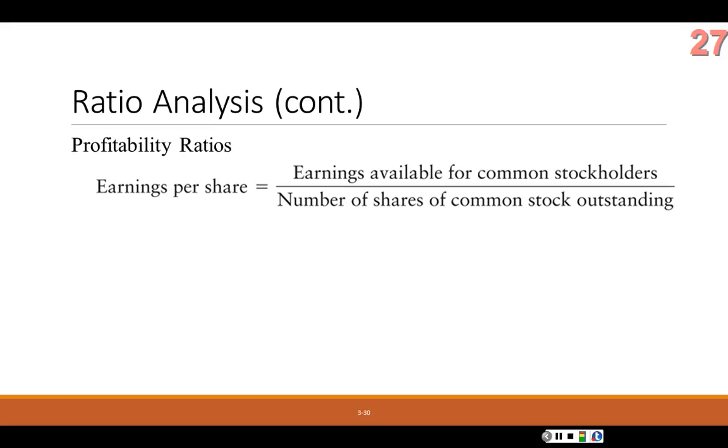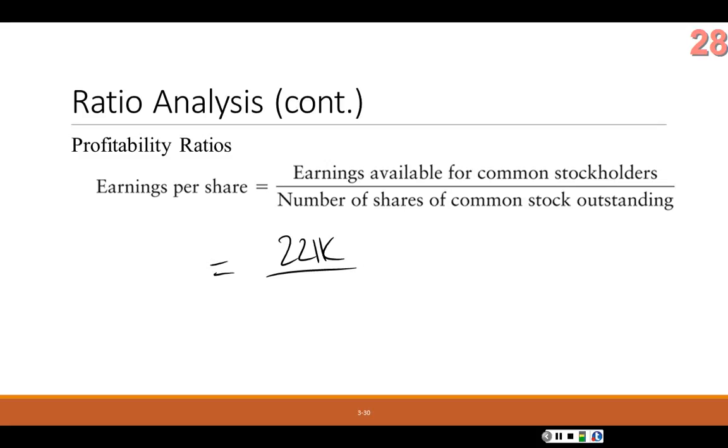A common profitability ratio is earnings per share. This is equal to earnings available for common shareholders over the number of shares of common stock outstanding. For Bartlett Company, earnings available for common shareholders is 221. Again, remember those are thousands.